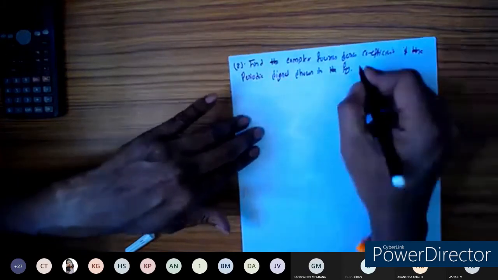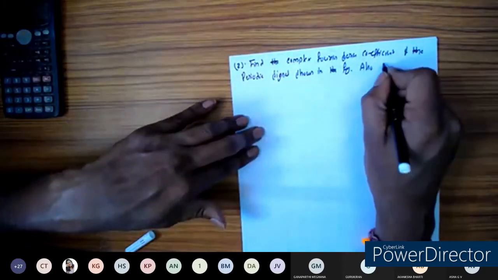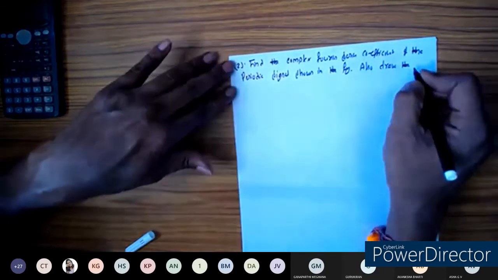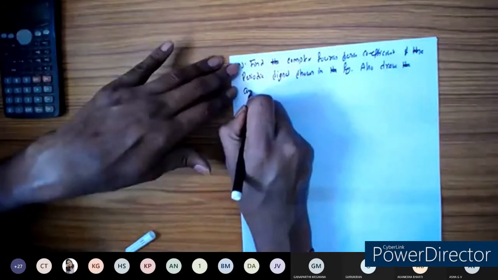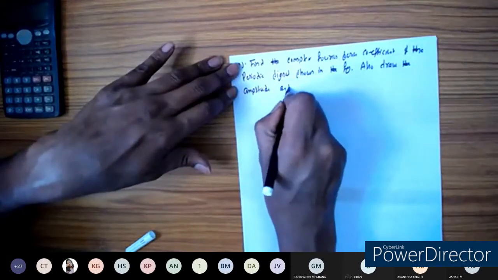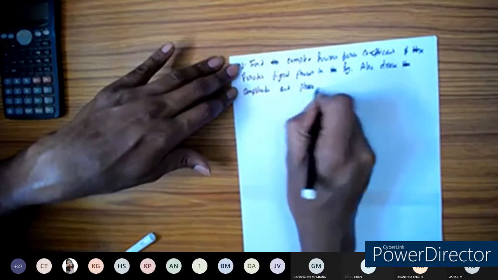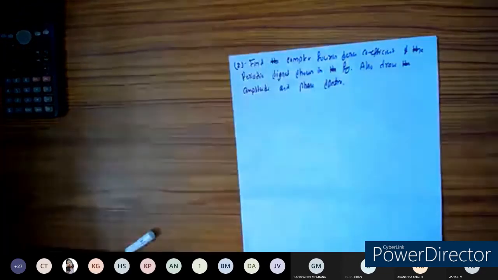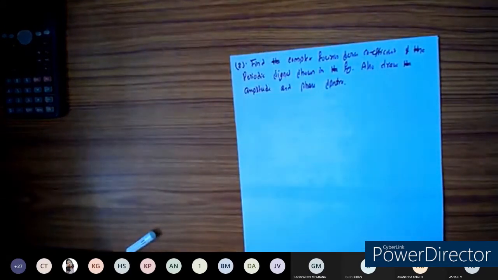Also draw the magnitude and phase spectra, amplitude and phase spectra.